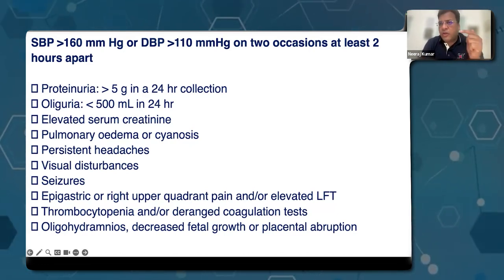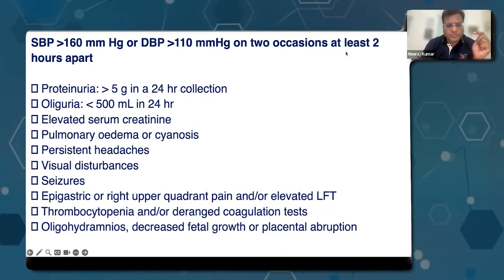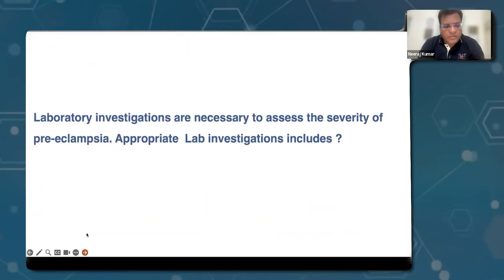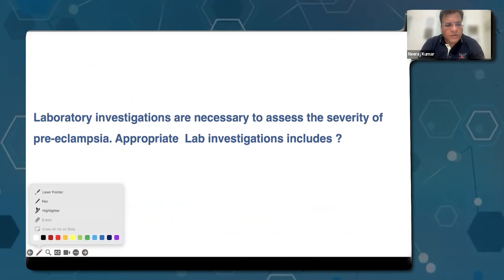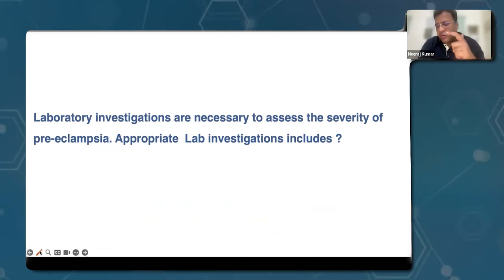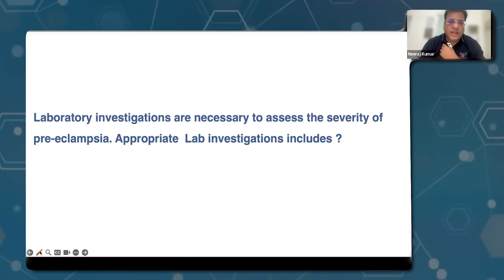Okay, so this is vignette 1, question number 1. Now coming to the next part: what laboratory investigations are required for this patient, to show how you can know the patient has severity in the preeclampsia.